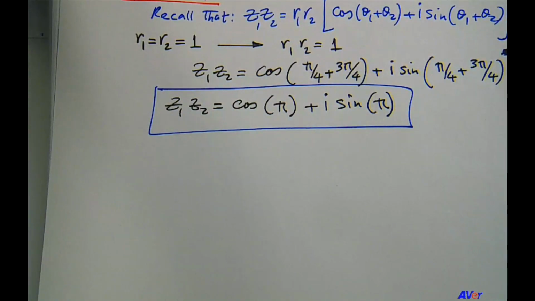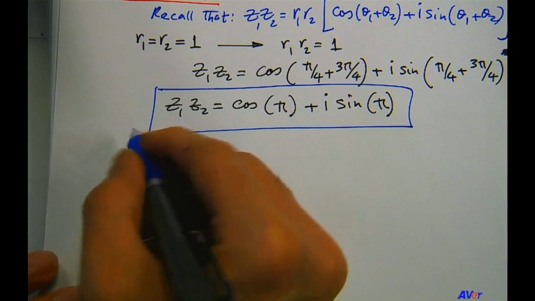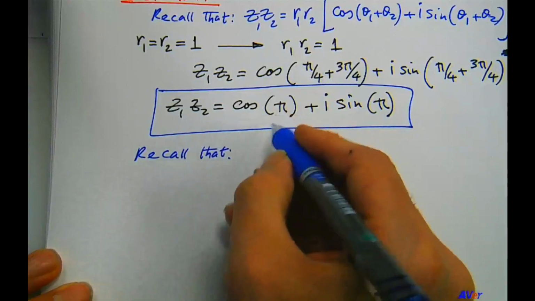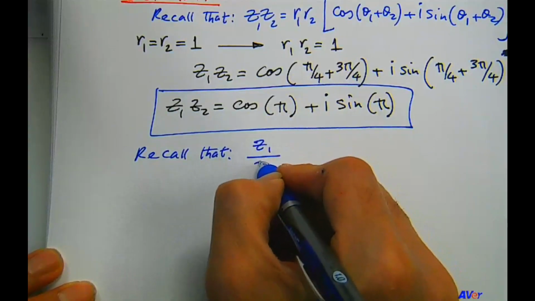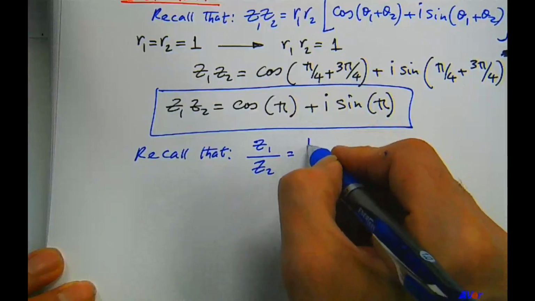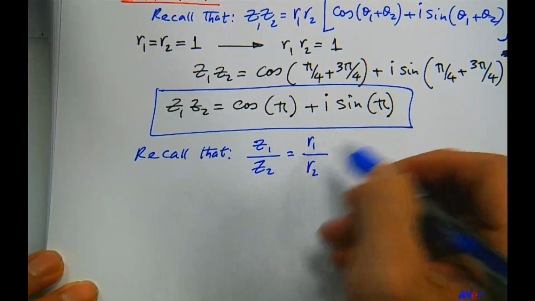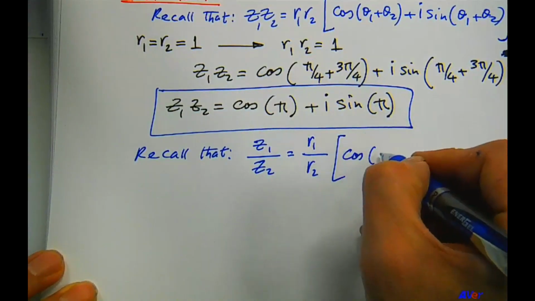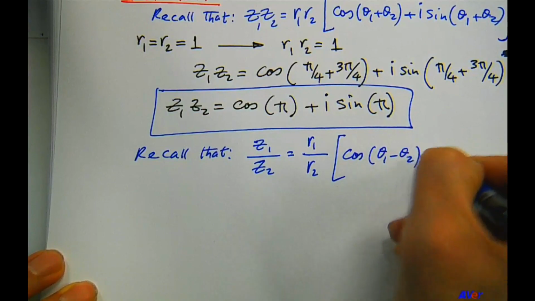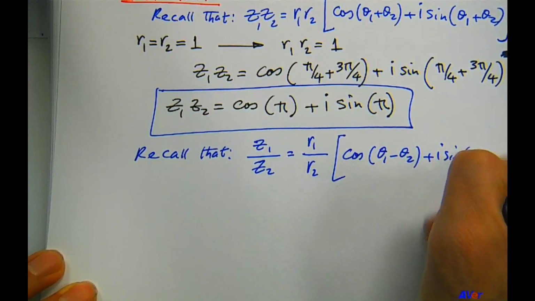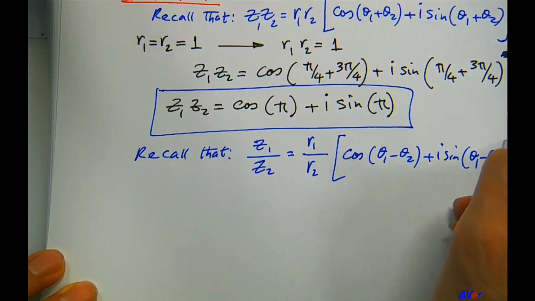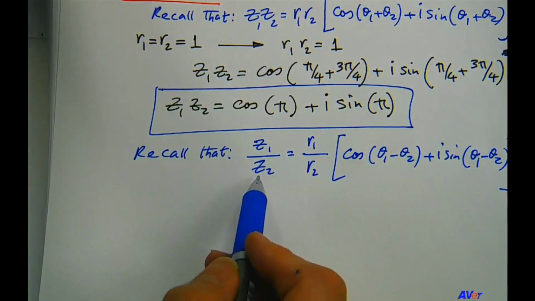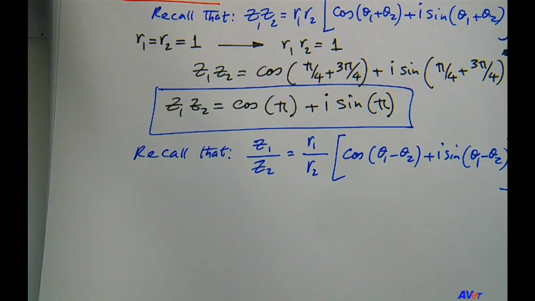Let's do the division piece, and recall for the division that z1 divided by z2 was equal to r1 over r2, which is 1 in our case, 1 over 1 is 1, times cosine of theta 1 minus theta 2 plus I sine of theta 1 minus theta 2. That comes with the condition that z2 cannot be 0.